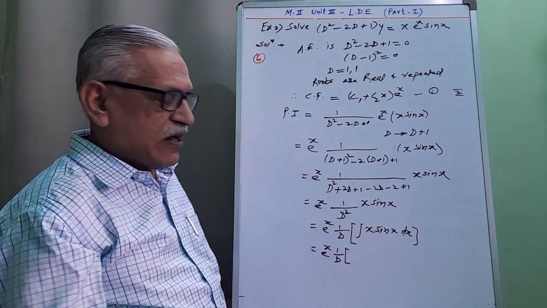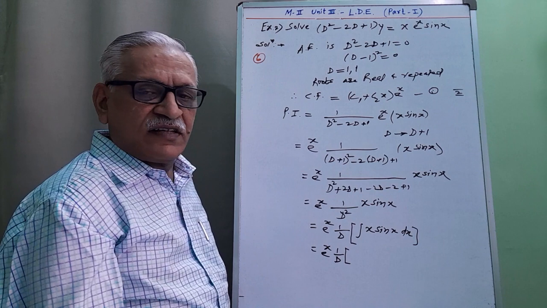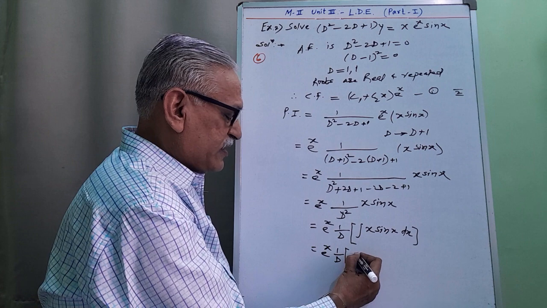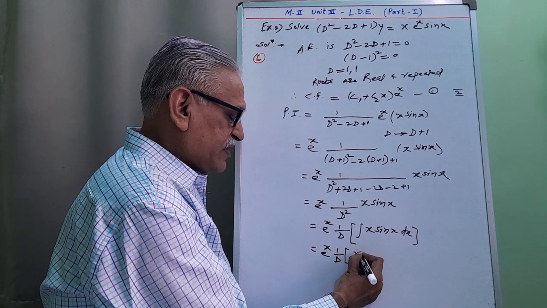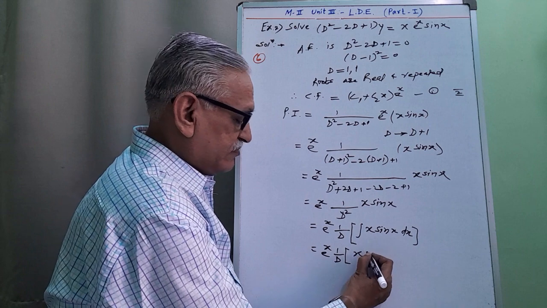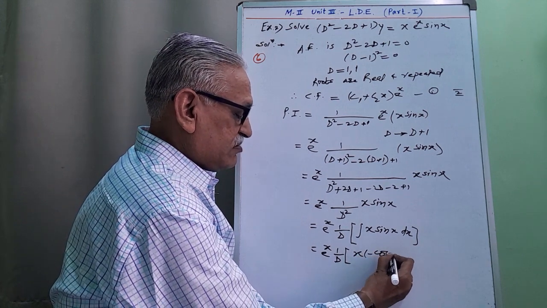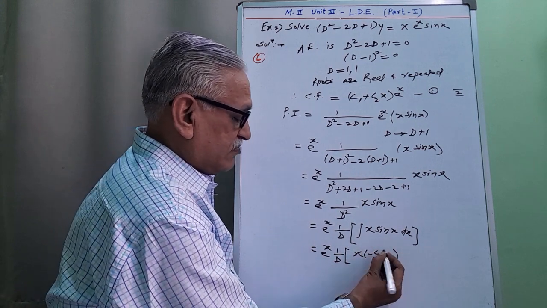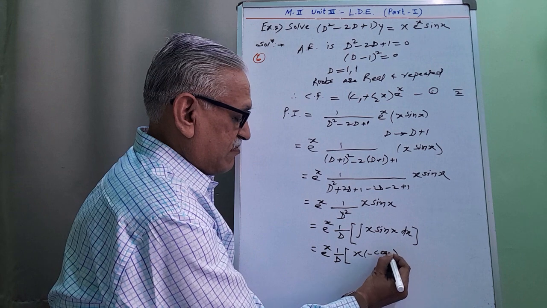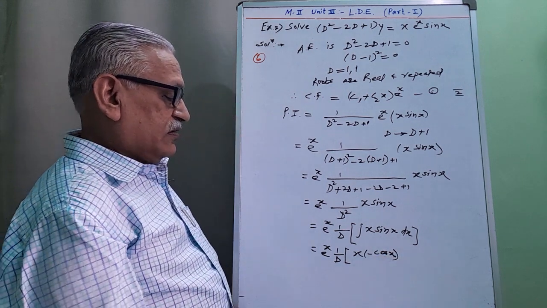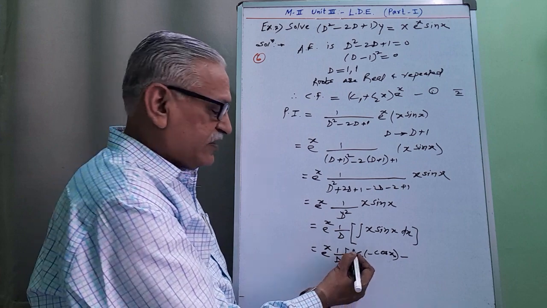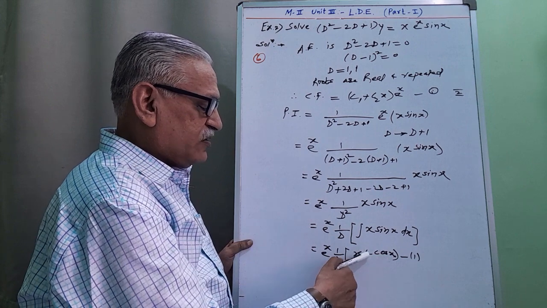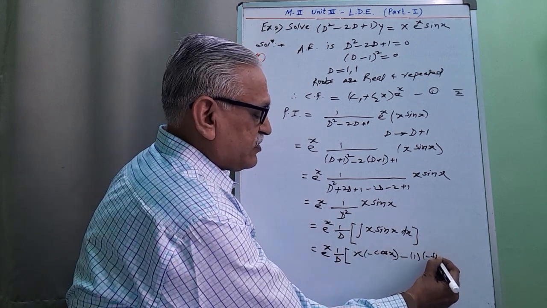integrating this by generalized part, x as the first term as it is algebraic and sin x as the second term as it is a trigonometric term. As per integration by generalized part, first term x, integration of sin x is minus cos x, then minus derivative of first term x, which is 1, next integration of sin with this minus sign, therefore it is minus sin x.